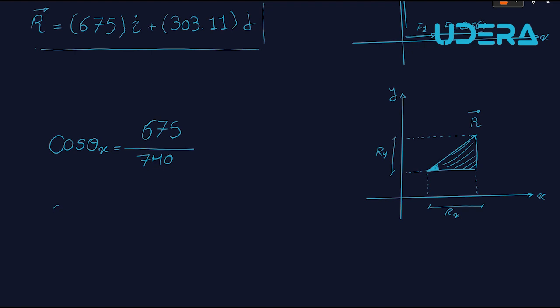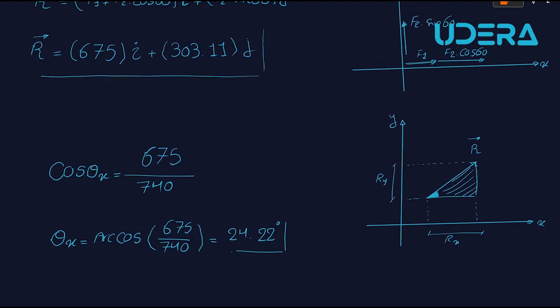Now, theta x is equal to arccosine of 675 over 740. That will be 24.22 degrees. And this is the angle that the resultant vector R makes with the positive x direction.